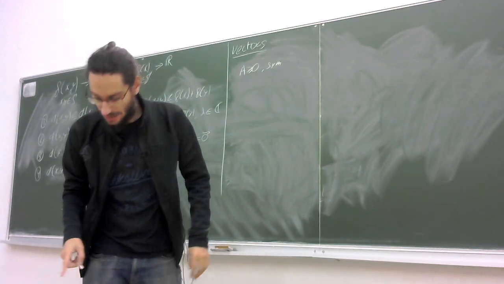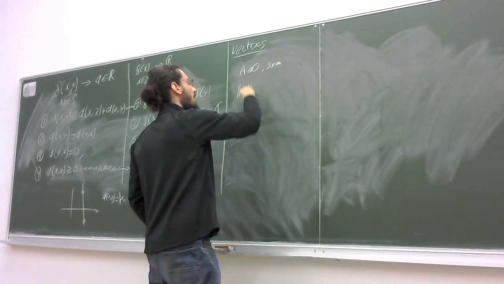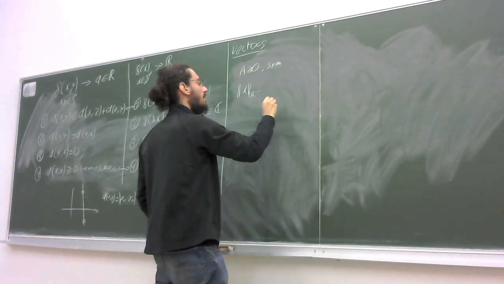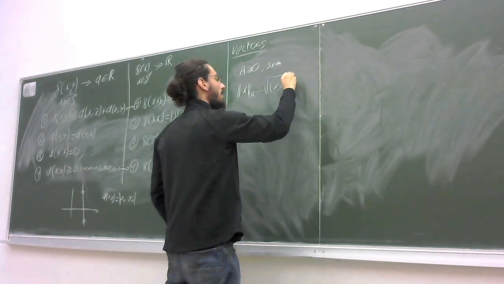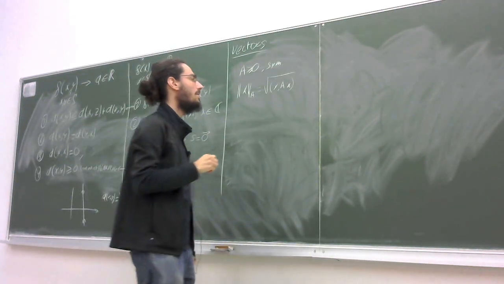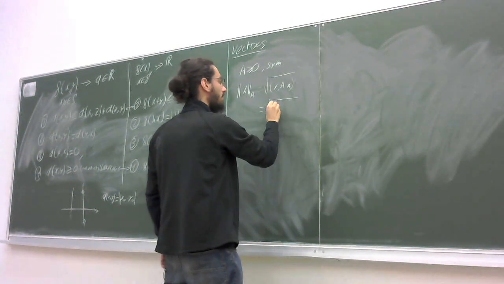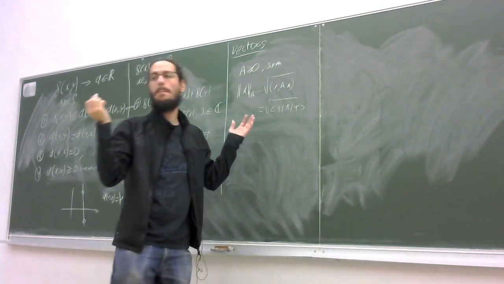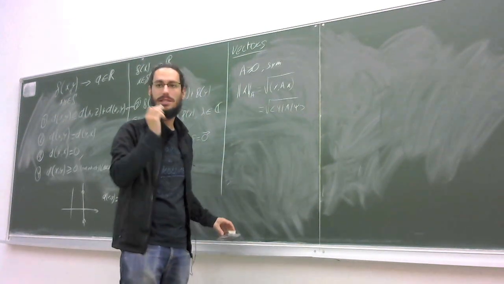Now you can define the norm with respect to this matrix as the square root of x transpose A x. They could be useful somehow for some strange case.